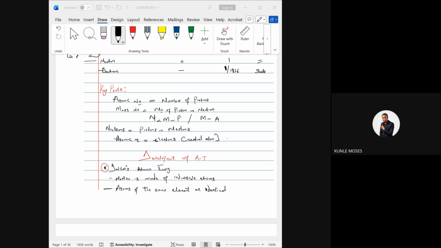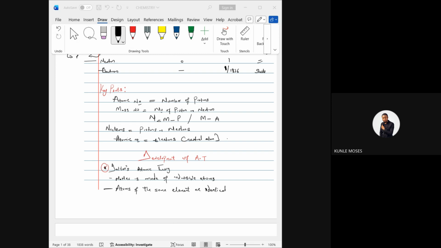They behave the same way. So when we say atoms of the same element are identical, they have the same behavior. We can say that children in the same family have similar traits. You look like your mom, you look like your dad. You talk like your mom, you talk like your dad. So they have the same or similar properties.